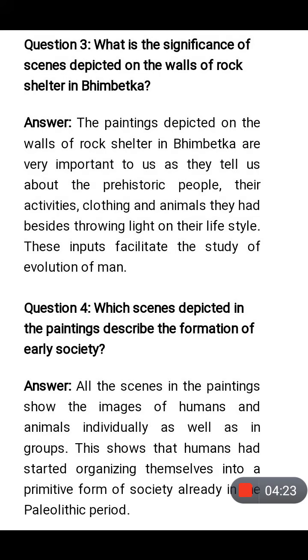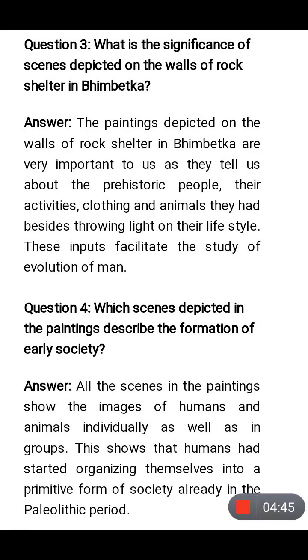The answer: the paintings depicted on the walls of rock shelters in Bhimbetka are very important to us as they tell us about the prehistoric people, their activities, clothing and animals they had, besides throwing light on their lifestyle. These inputs facilitate the study of the evolution of man.